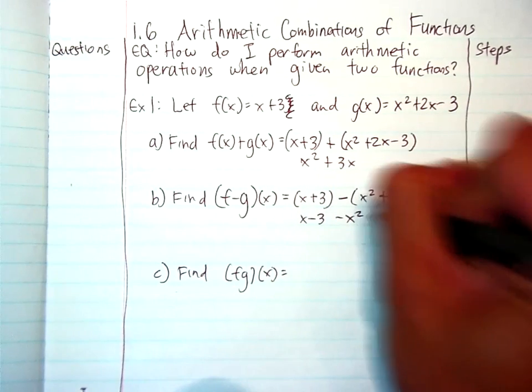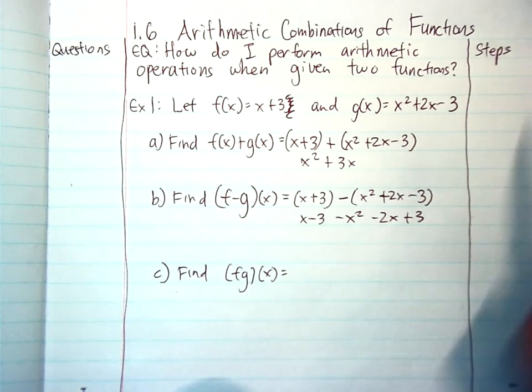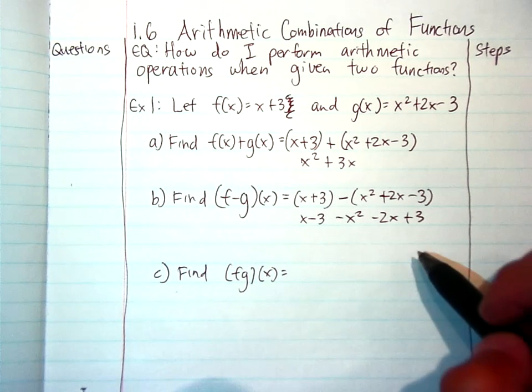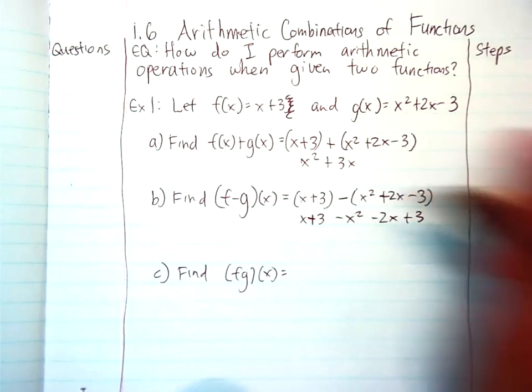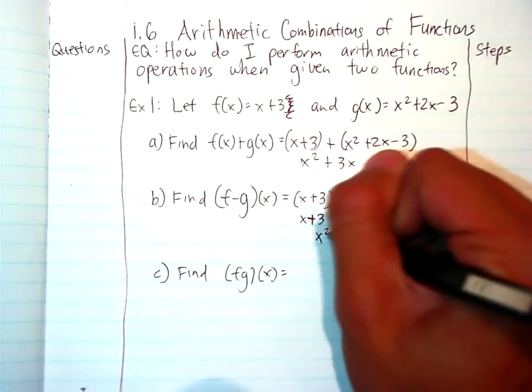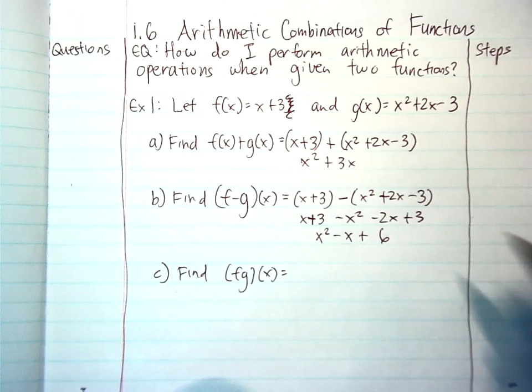So minus x squared minus 2x plus 3. Then I combine like terms. I want to make sure I did this right. I wrote the first part right, it was x plus 3. So now if I combine like terms, it'll be x squared minus x plus 6.